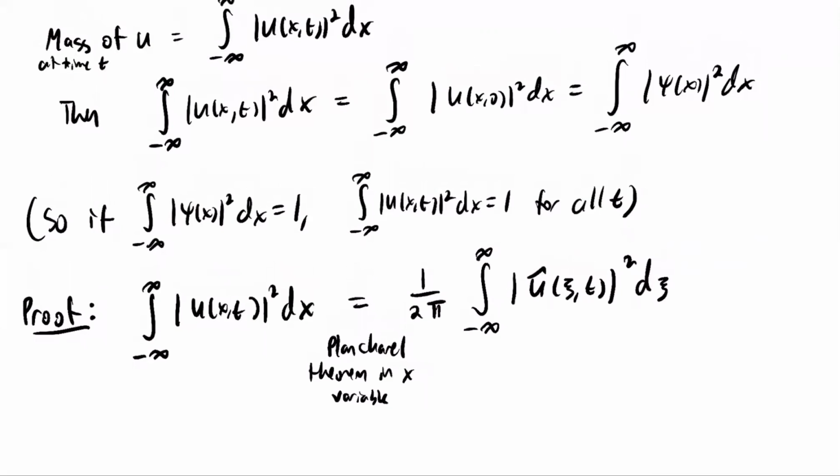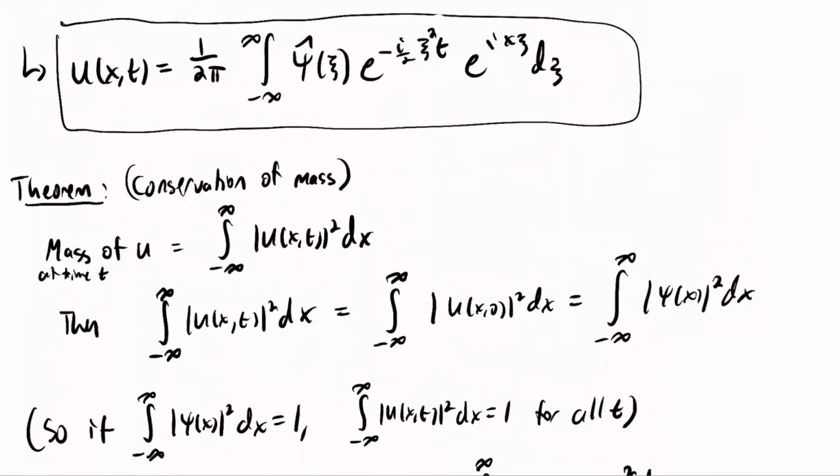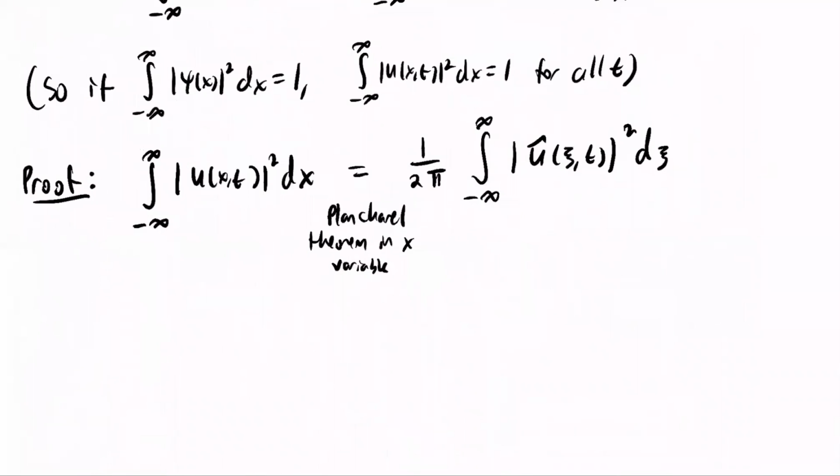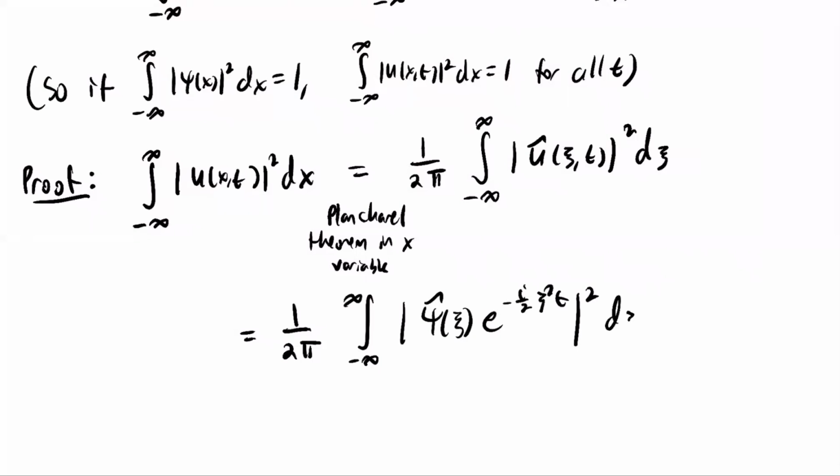But now we have a formula for u hat of ξ, t. It's the first formula we found up here. So I'm going to plug this in. Now this is equal to 1 over 2 pi times the integral from minus infinity to infinity of the absolute value of the Fourier transform of c at ξ times e to the minus i ξ squared t, squared.